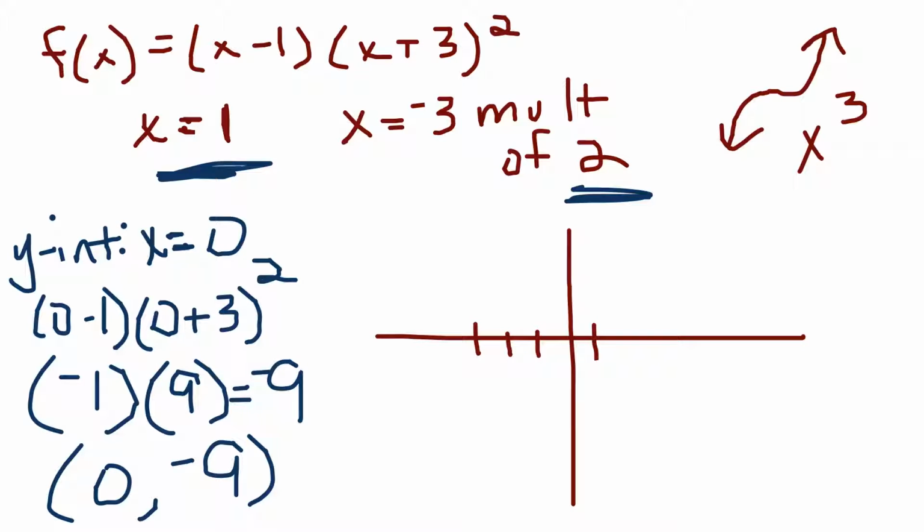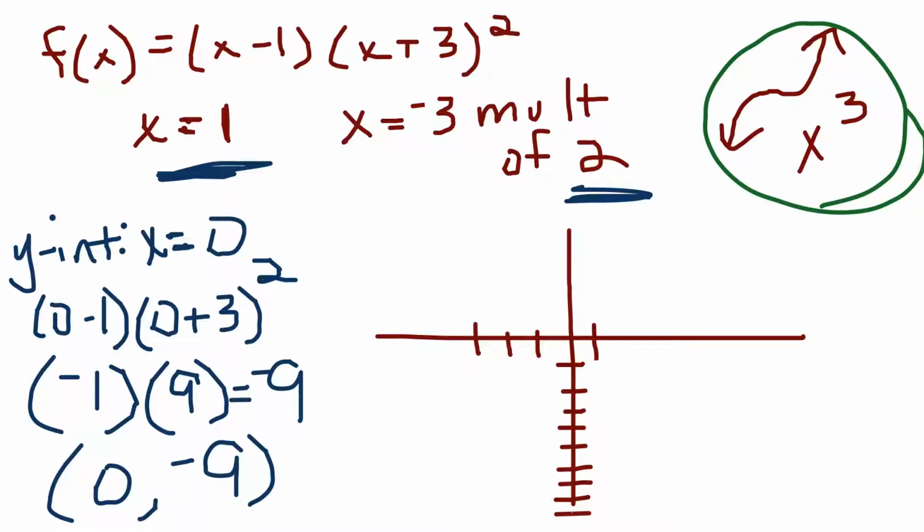All right, let's put all of the pieces together. So we're going to go 1, 2, 3, 4, 5, 6, 7, 8, 9. So way down here. Let me switch colors. Let's put it in green. So we know the behavior, that idea of what it looks like, meaning that when x is greater, it's going to shoot up.